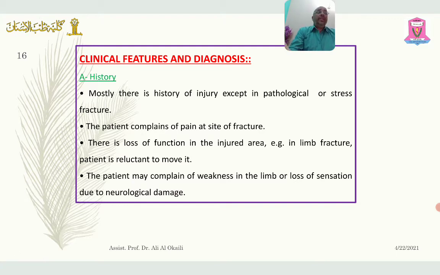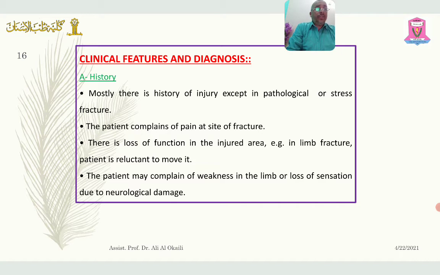Clinical features and diagnosis. How do we know this is a fracture? Of course sometimes it is obvious and sometimes not, so you need to take a history in addition to the clinical signs that you see. In the history, mostly there is a history of injury except for pathological or stress fractures, and the patient complains of pain at the site of fracture.